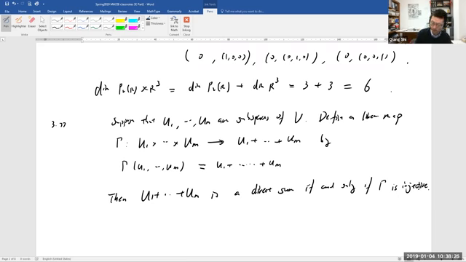The domain will be this product space U1 times U2 up to UM, and the codomain on the other side is the sum U1 plus U2 plus UM. If you take any element from that sum, an element U1 plus an element U2, then you can always find the preimage.